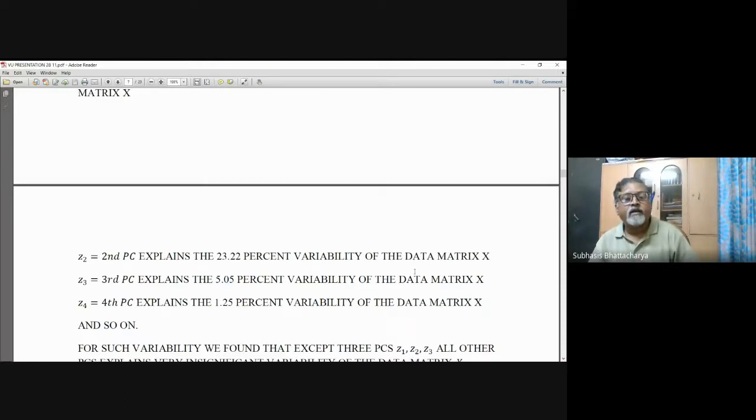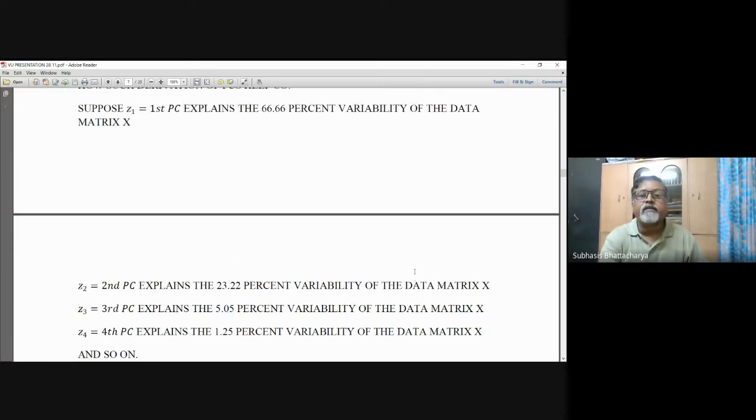That means, look, the first principal component explains the variability by the highest percentage. The second one is the next highest. In this way, the variability of the principal components is reducing.